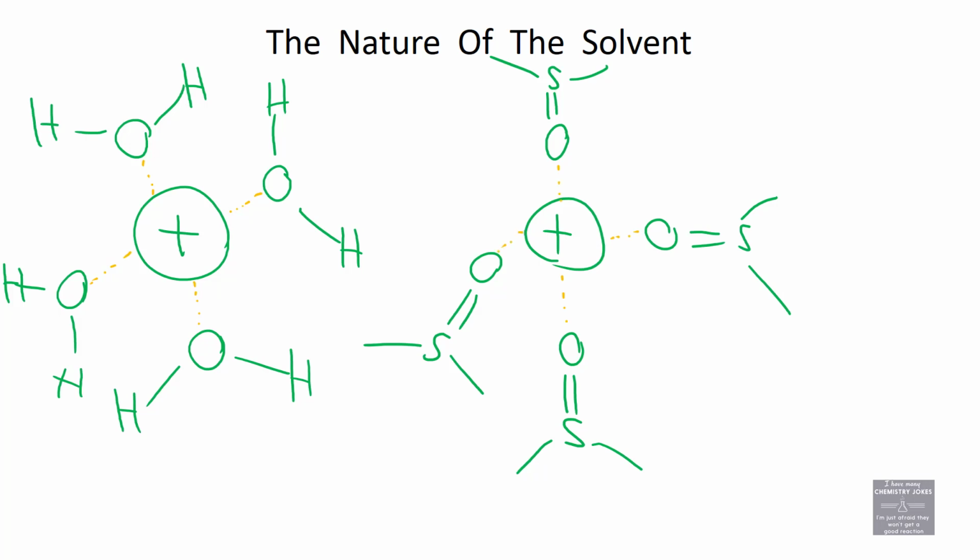So according to this picture, there's no difference in solvation of cations, whether your solvent is protic or aprotic. It's true. But solvation of anions is different if you're in protic or aprotic.